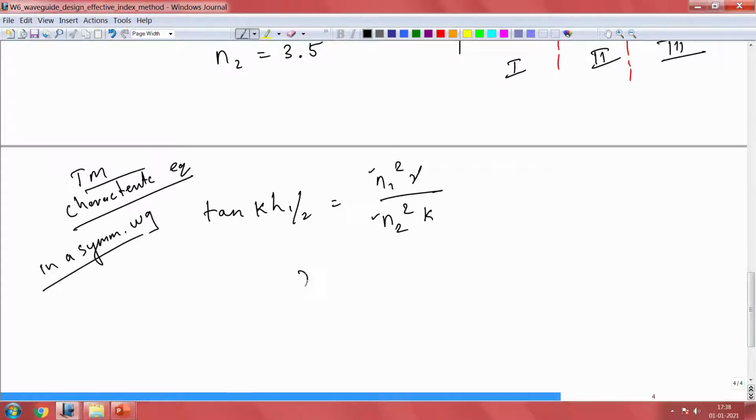So what is gamma? Gamma is nothing but the root of k naught squared n1 squared minus n2 squared minus k squared.